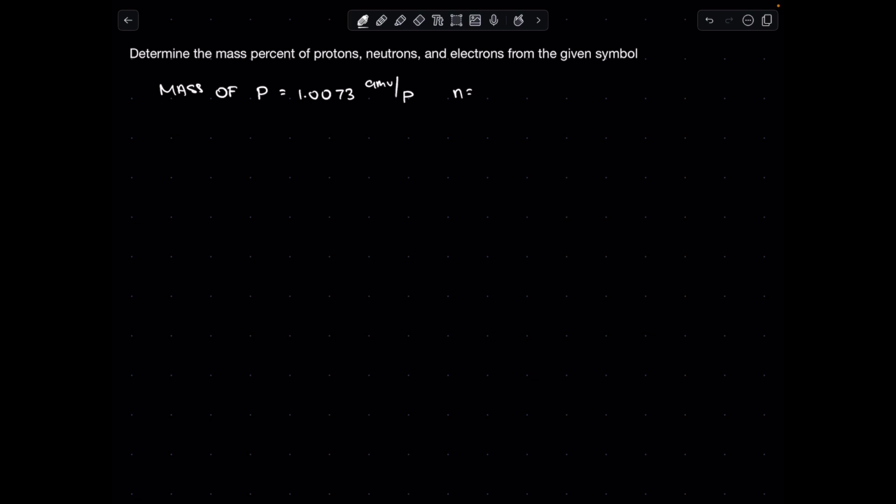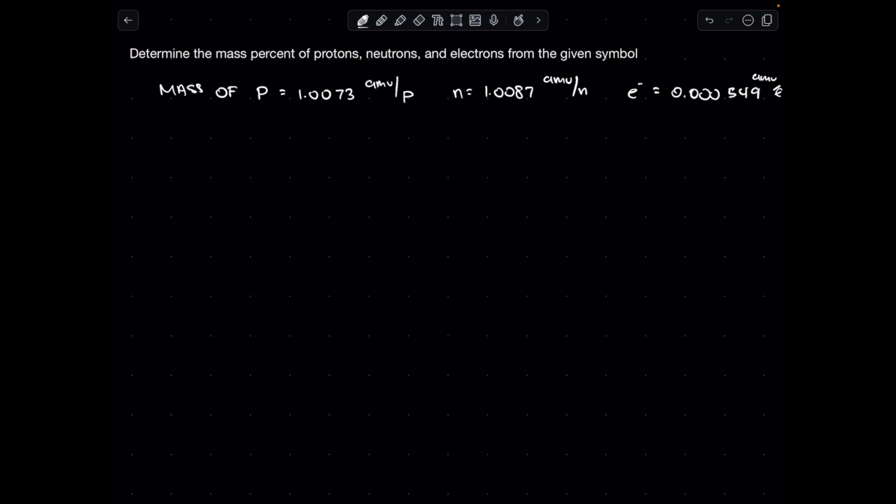Our neutrons are going to be equal to 1.0087 AMU per neutron. And finally, our electrons are going to be equal to 0.000549 AMU per electron.